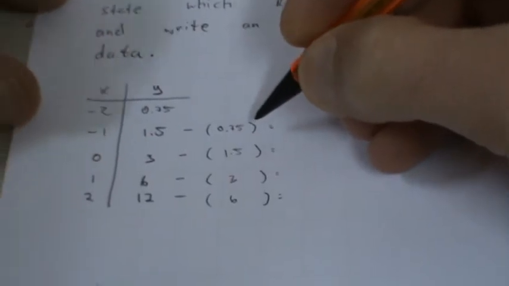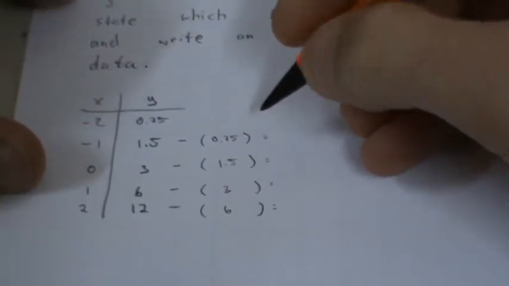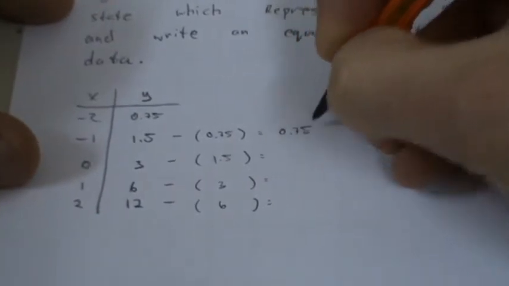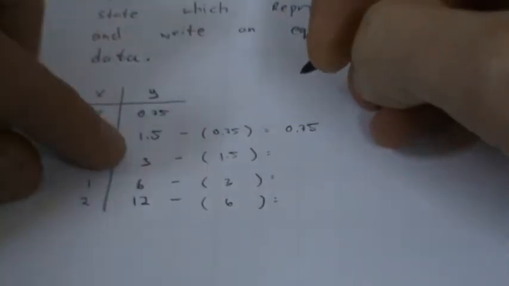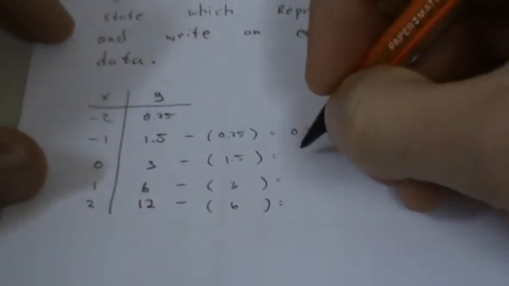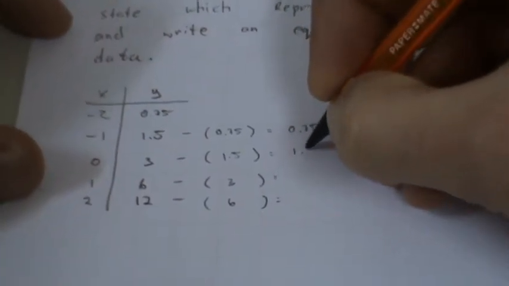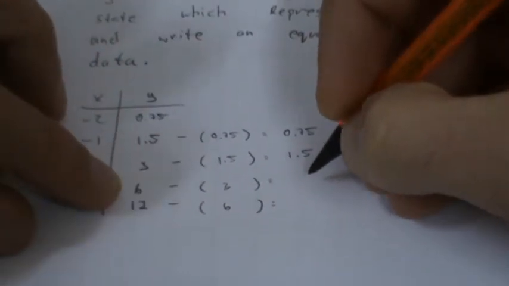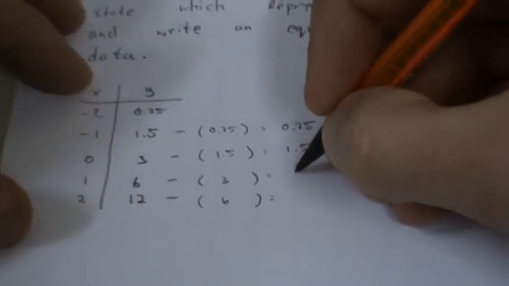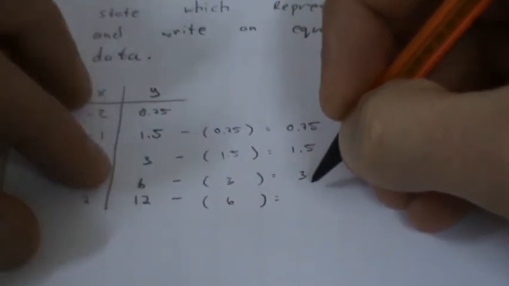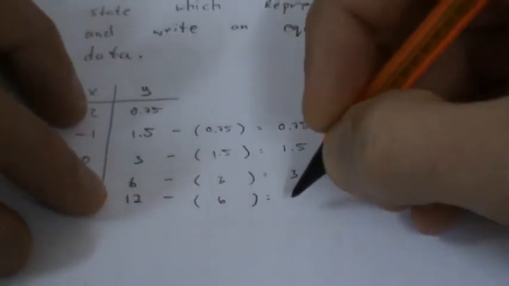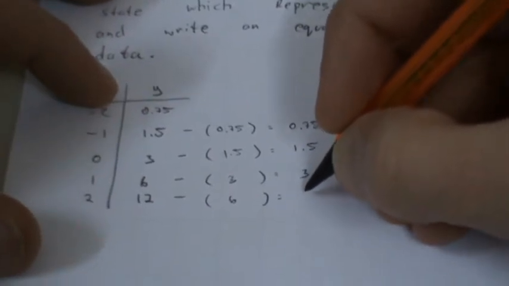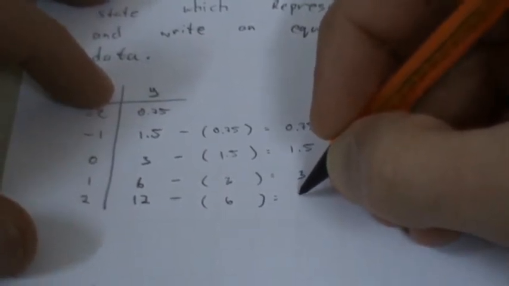Now 1.5 minus 0.75 is 0.75. 3 minus 1.5 is 1.5. 6 minus 3 is 3. And 12 minus 6 is 6 here.